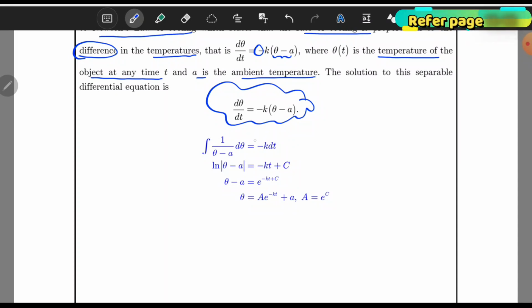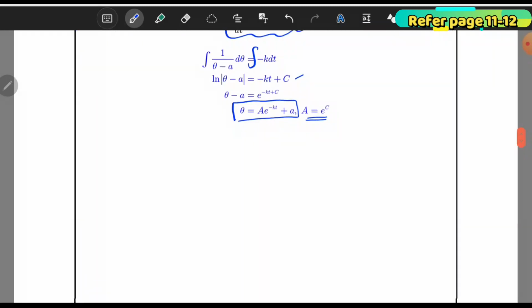And now we will integrate both sides. So we'll get ln of theta minus A equal to negative kt plus c. And by taking exponent for both, we have theta minus A is exponent negative kt plus c, and we will get theta is A exponent negative kt plus A, where your capital A here is exponent c.